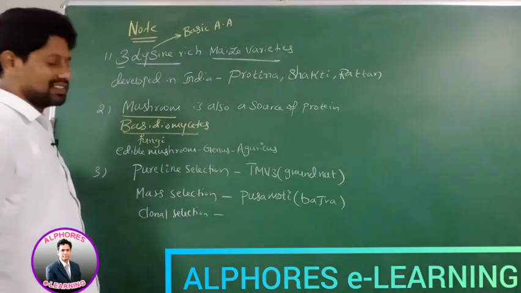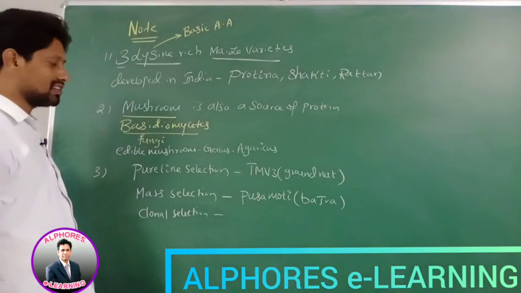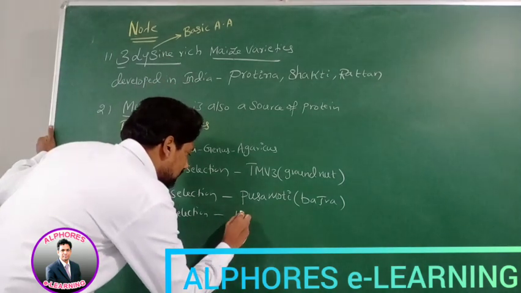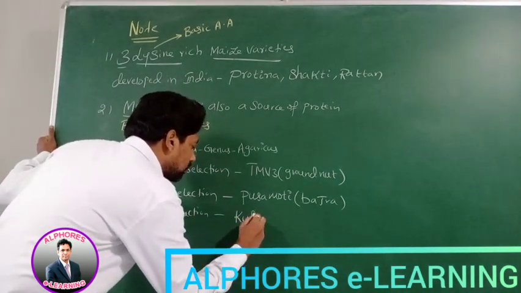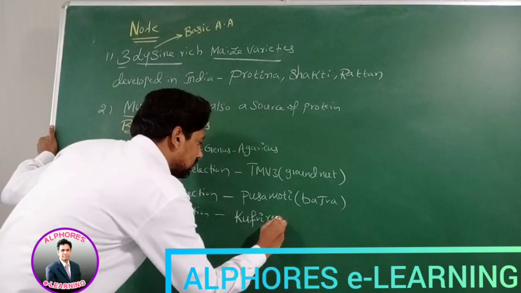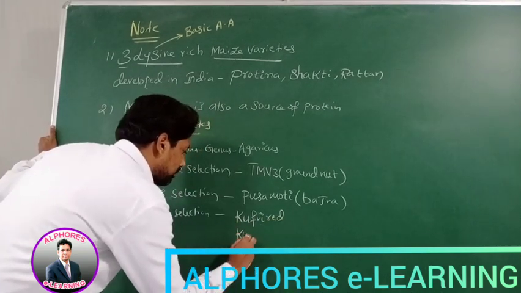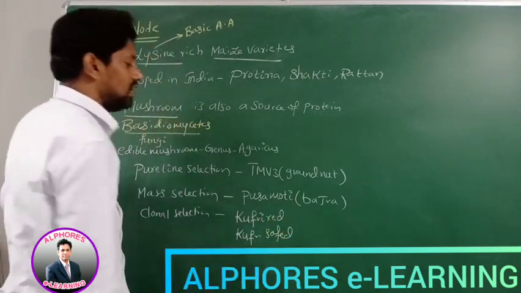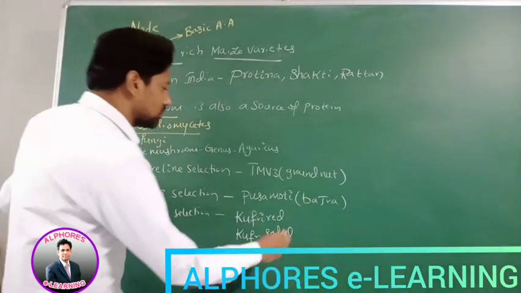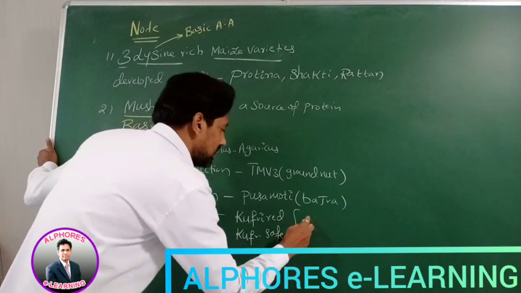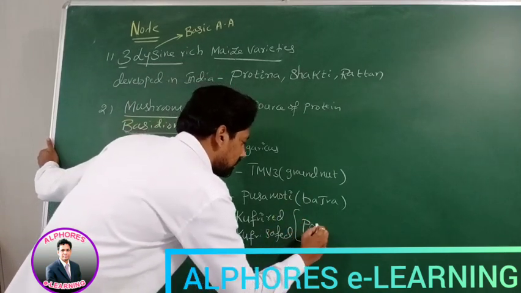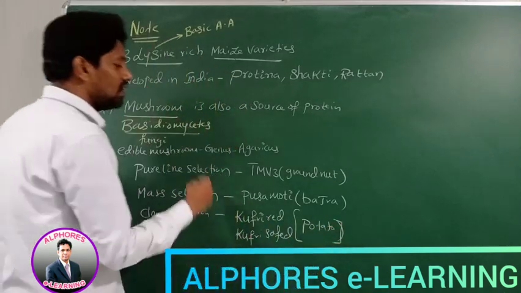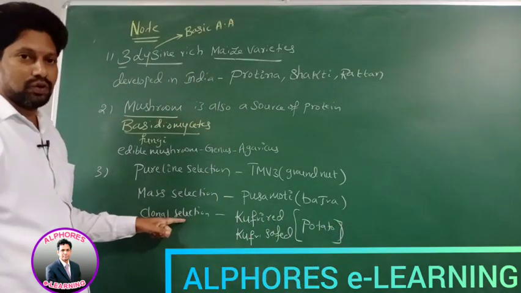By clonal selection, a variety of potato is developed by name Kufri Red, Kufri Safed. These two, Kufri Red and Kufri Safed, are varieties of potato. Is this statement okay?